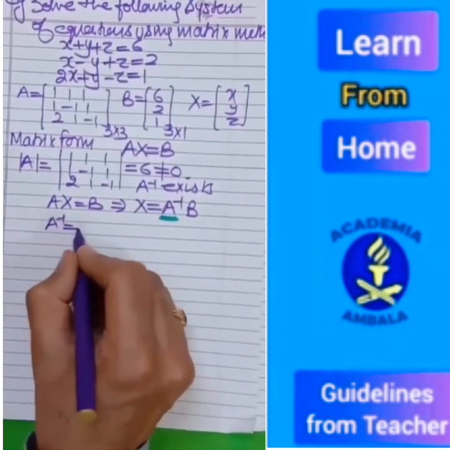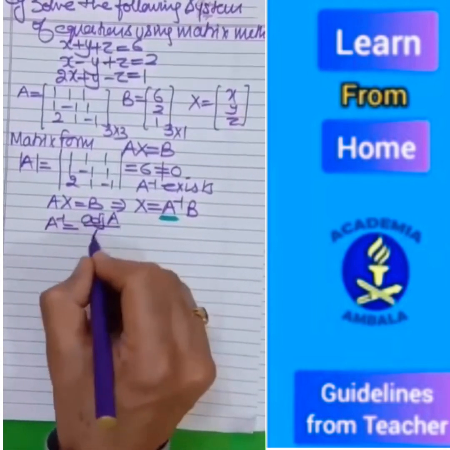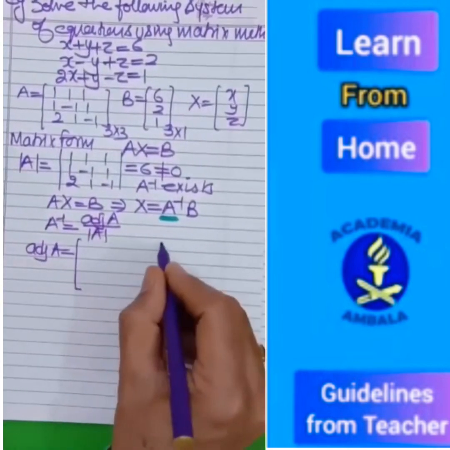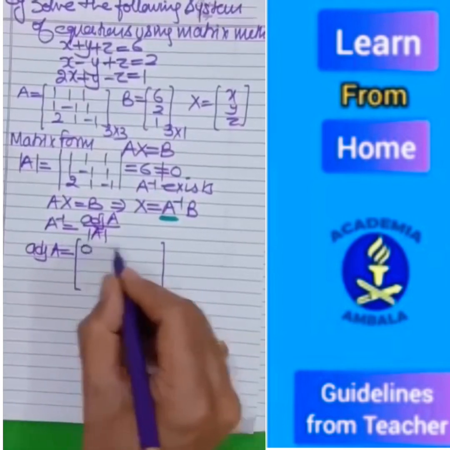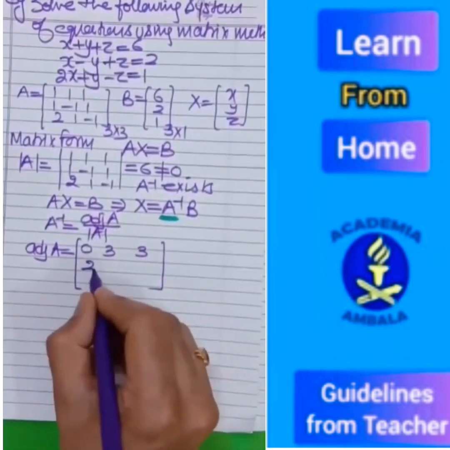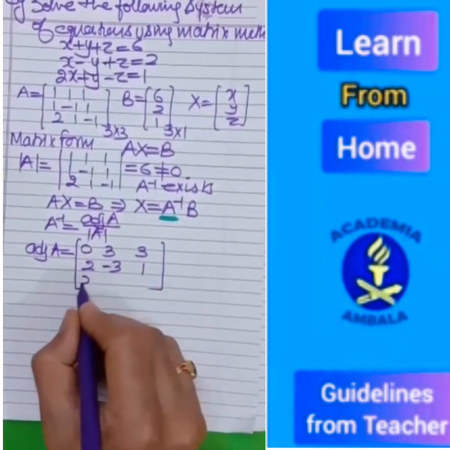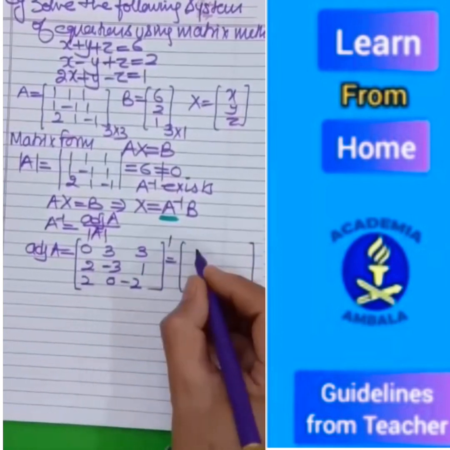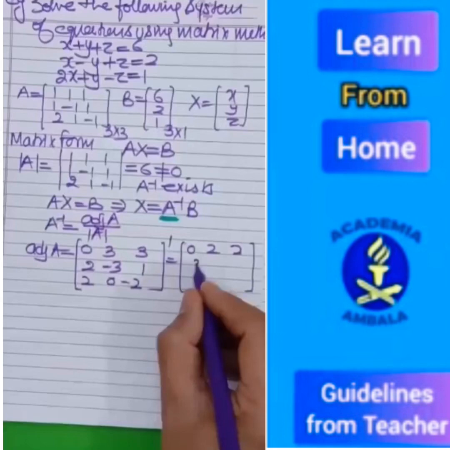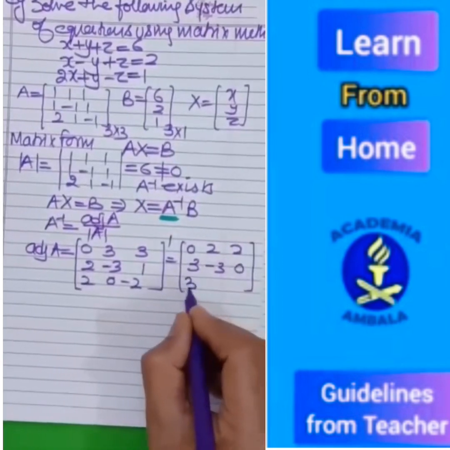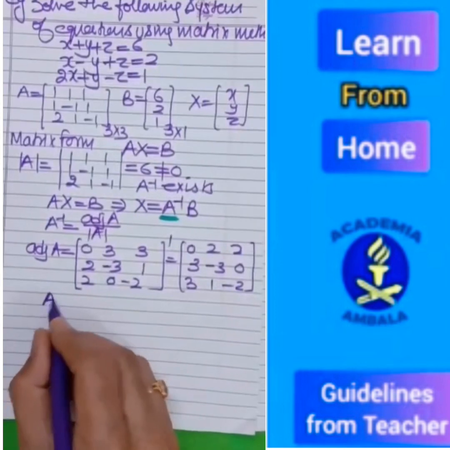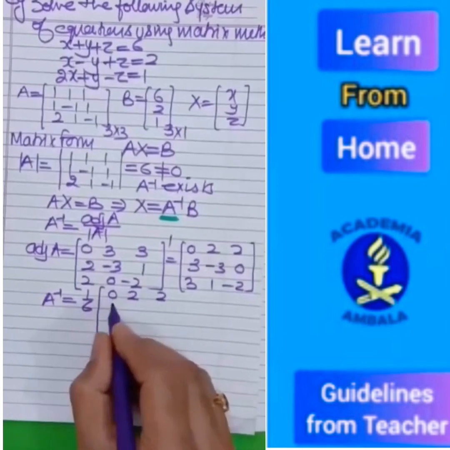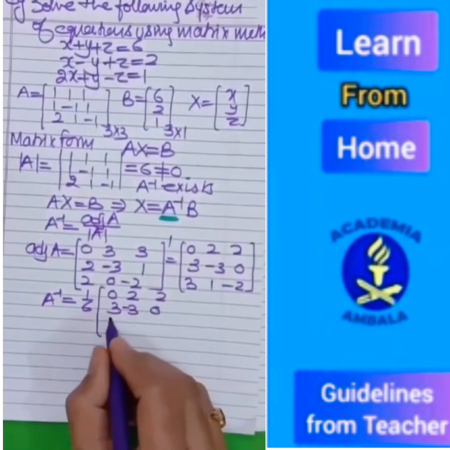A inverse is equal to adjoint A upon determinant A. We can directly find the adjoint by finding all the cofactors and taking the transpose of the cofactors. All the cofactors corresponding to each element are like this. Whenever you take the transpose of it, you will get the adjoint of this matrix. Finally, to find A inverse, we have to divide this adjoint by 6 because 6 is the value of the determinant.